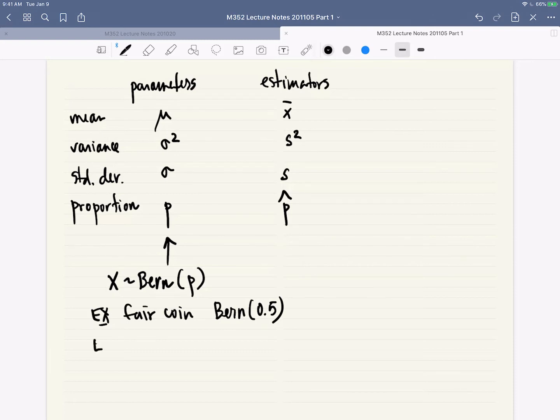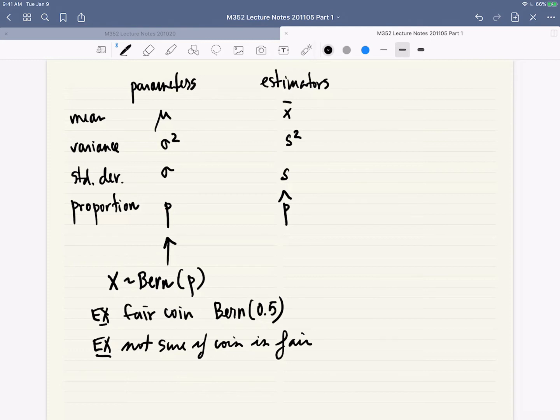So one way we could do that if we don't know if we have a fair coin or not. So let's write this down. Not sure if coin is fair. Okay. So think about it for a second.